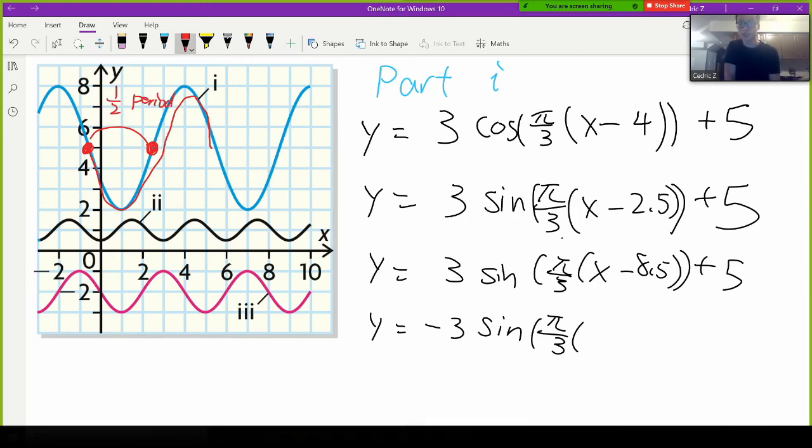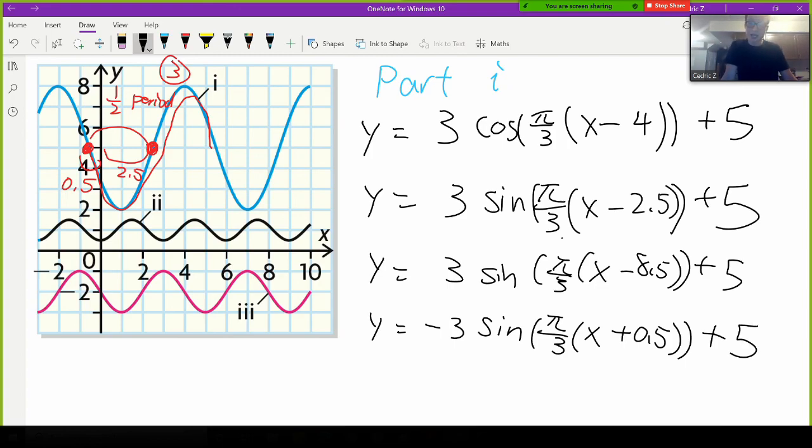Remember, a full period is 6, so half a period is essentially 3, right? If half a period is 3, and we know this distance is 2.5, then this left shift is 0.5. Wow, that's confusing. So that means it's x plus 0.5, plus my vertical shift of 5, which doesn't change.